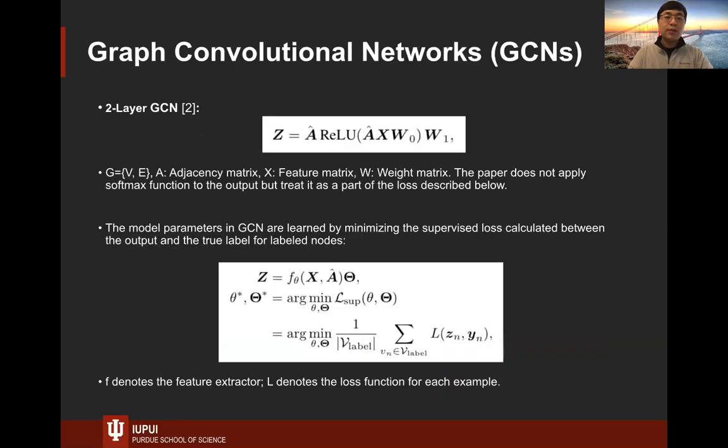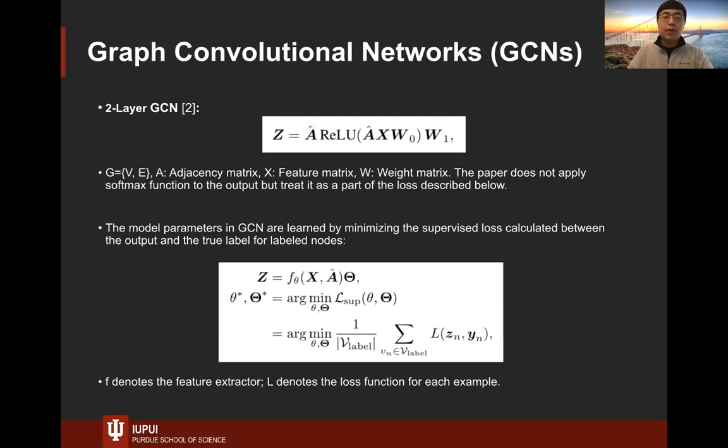Graph Convolutional Networks. In this paper, the author used a two-layer Graph Convolutional Network. In the formula, A cap denotes the normalized adjacency matrix, and ReLU is the activation function. X denotes the feature matrix. W0 and W1 are the weights of each layer respectively.